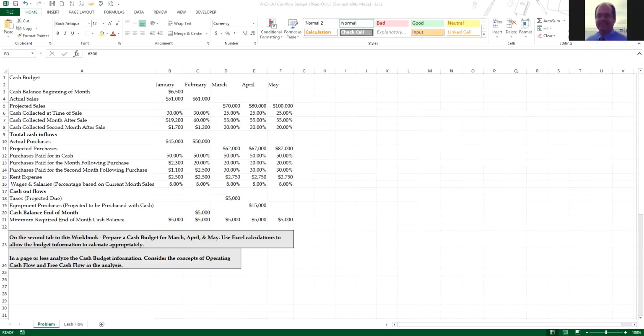Now here we have a beginning cash balance of $6,500. We want to make sure that we maintain a required cash balance of $5,000 in our bank account at all times for operations. Now here you're going to see several figures for you.